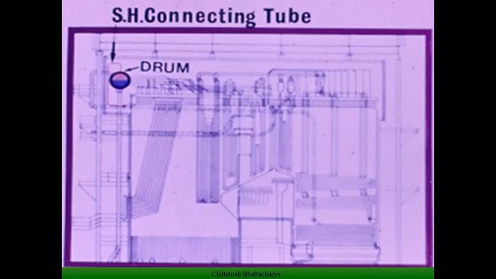From the platen superheater, superheated steam goes to the final stage of superheating. For both platen and final stage of superheating, we have a parallel flow arrangement. That means steam flow direction and flue gas flow direction are the same.